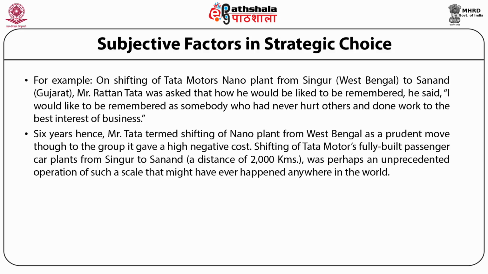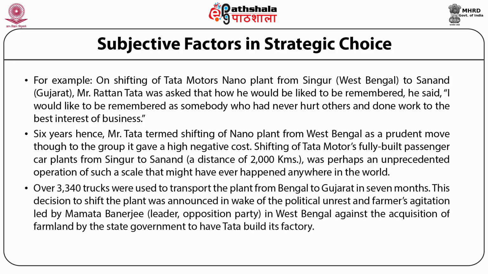Shifting of Tata Motors' fully built passenger car plant from Singur to Sanand, approximately a distance of 2,000 kilometers, was perhaps an unprecedented operation of such a scale that might have ever happened anywhere in the world. Over 3,340 trucks were used to transport the plant from Bengal to Gujarat in 7 months.